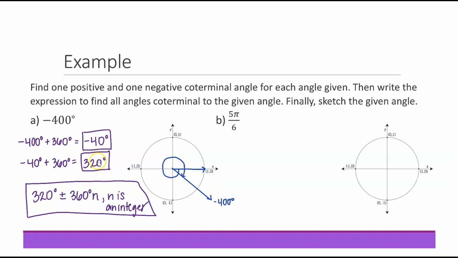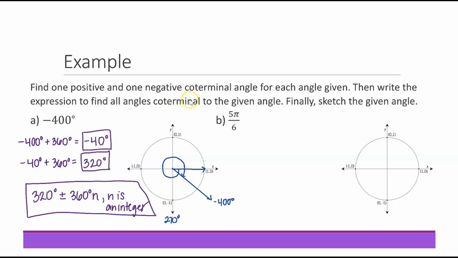If I think about 320 degrees, that's now going from the positive x-axis, the initial side, in a counterclockwise direction, 320 degrees. So down here, remember, is 270. So it's going an additional 50 degrees over here.